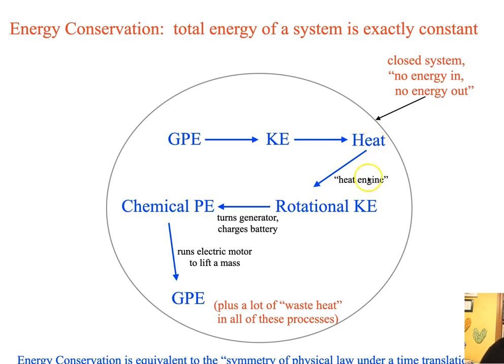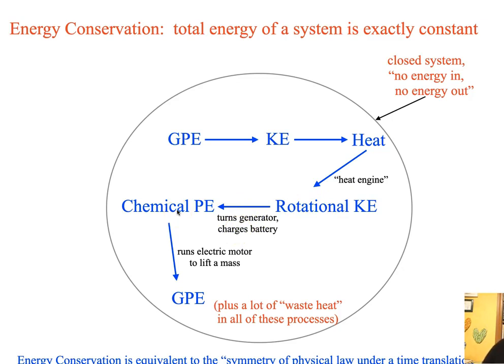Now you can take that heat and put it through a heat engine and, for example, make a motor. For example, the engine in a locomotive is a heat engine, right? It turns heat into rotational kinetic energy. So now you have a shaft turning around and around. You can take that rotational shaft and make it run a generator, charge a battery. So now you have chemical potential energy.